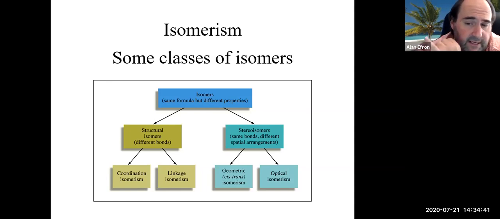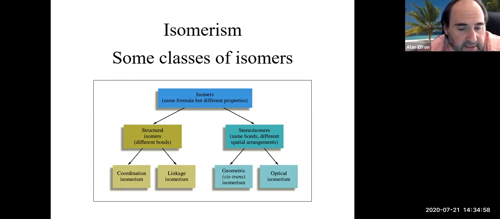It could be different connectivity. It could be different orientation in three-dimensional space. It has some differences that make it different from another one that looks very similar to it or has a similar formula.